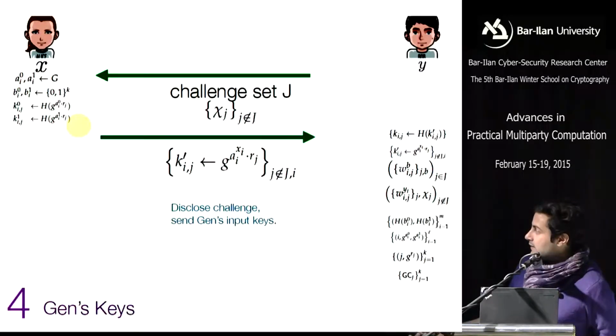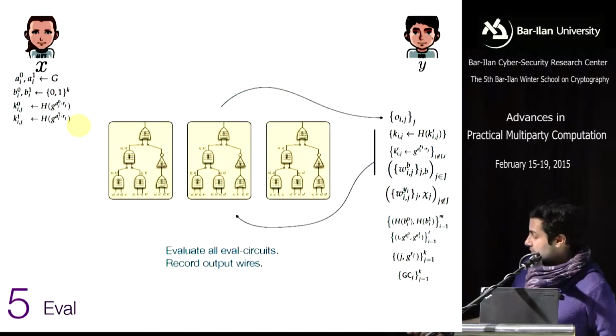And then Alice responds for each of these. She's going to give g to the ai xi. That's her input, and she's going to give that value. Bob is going to record that value right here. So in the next step, Bob is just going to hash those values, because that's exactly how Alice created those keys.